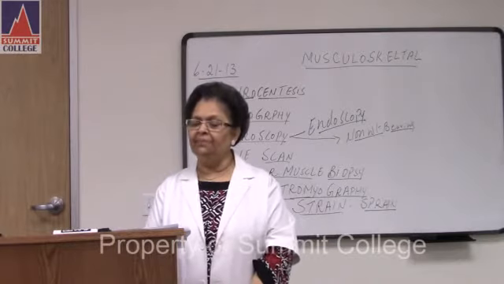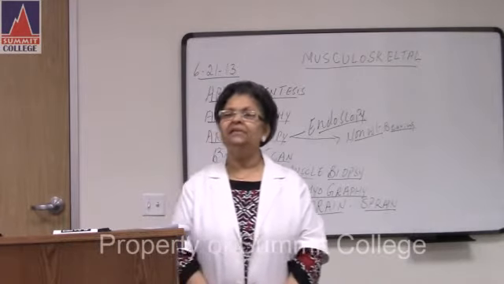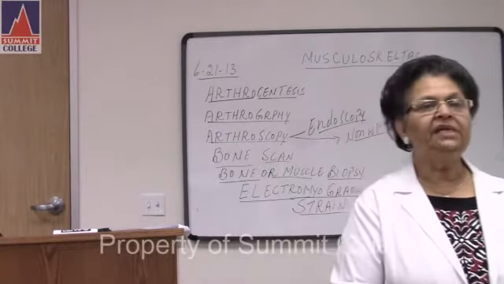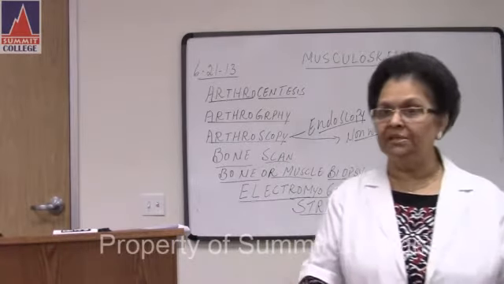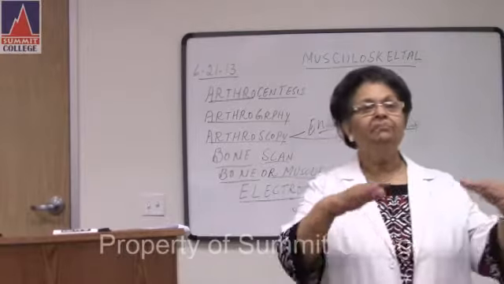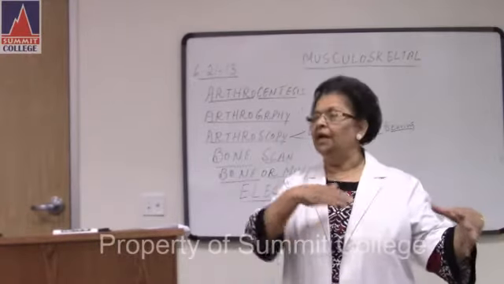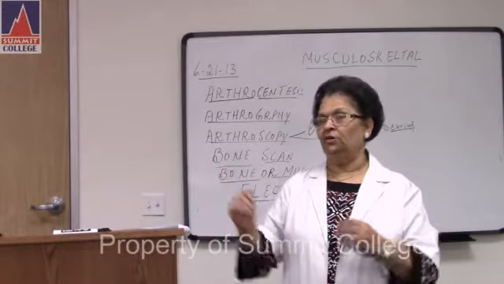Next word, EMG. EMG is electromyography. When we see the word myo, it means the muscle. Graphy means they are taking pictures, like you do for ECG, electrical pictures of the muscle.